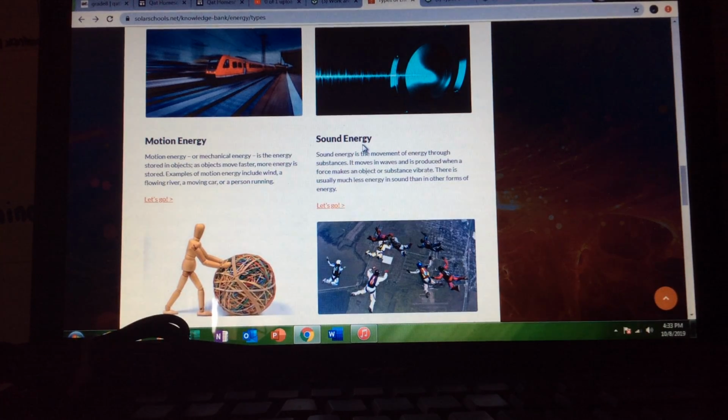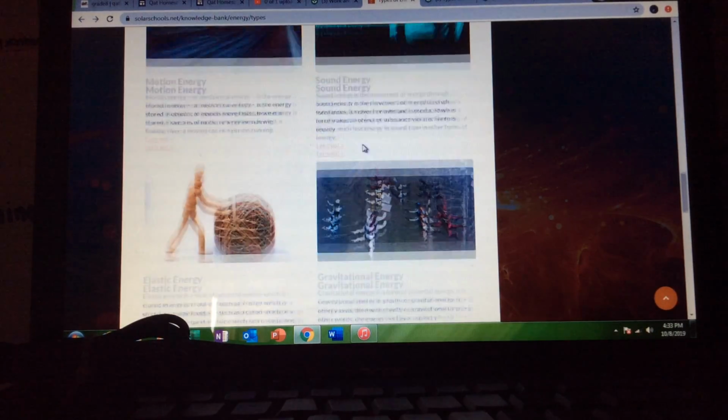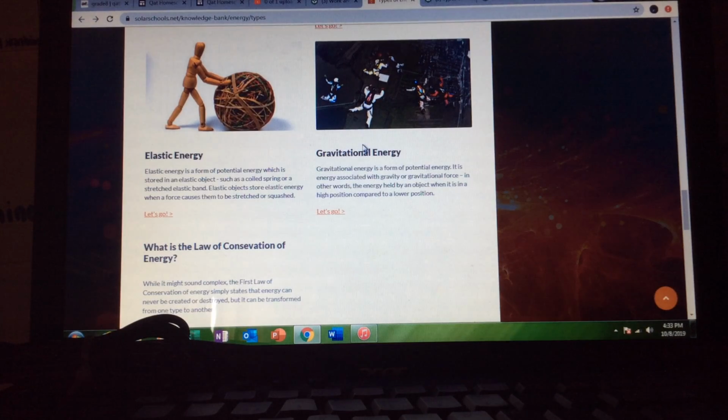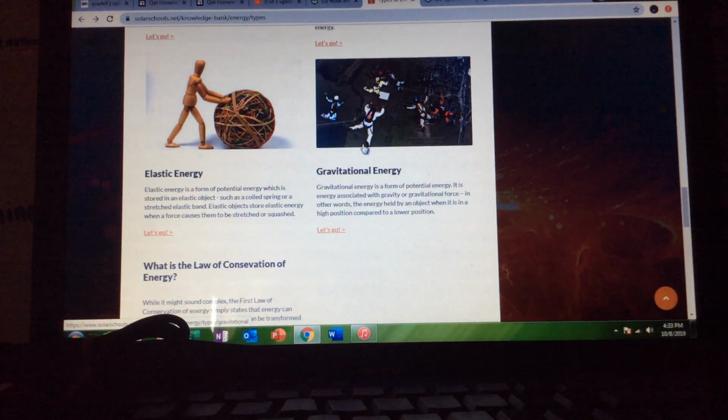The sound energy. The sound energy is the movement of energy through substances. It moves in waves and is produced when a force makes an object or a substance vibrate. There is usually much less energy in sound than in other forms of energy. Elastic energy. So elastic energy is a form of potential energy which is stored in an elastic object, such as a coiled spring or a stretched elastic band.